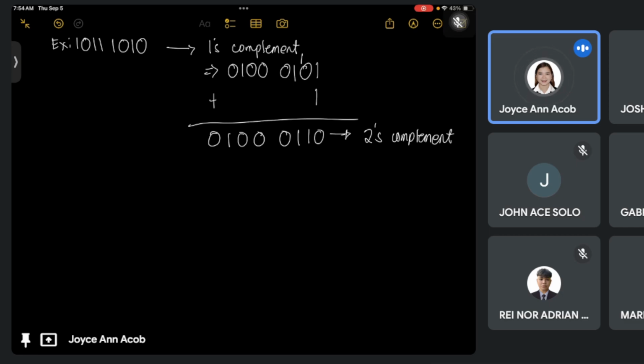So yung one's complement, invert all bits. And then kapag two's complement, add 1 at LSB. So depende po kung ano pong given ang ibibigay sa inyo.